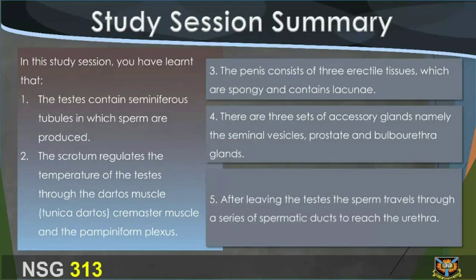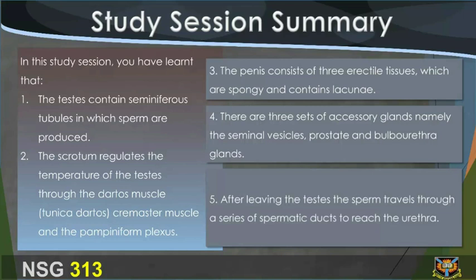Study section summary. In this study section, you have learnt that: 1. The testis contains seminiferous tubules in which sperm are produced. 2. The scrotum regulates the temperature of the testis through the dartos muscle, tunica dartos, cremaster muscles, and the pampiniform plexus. 3.